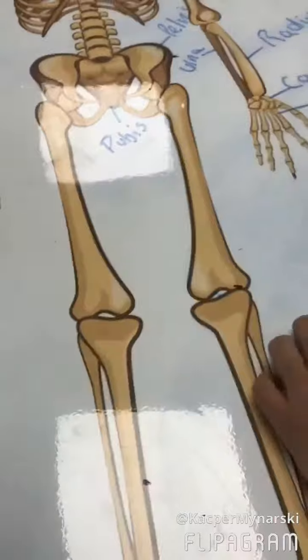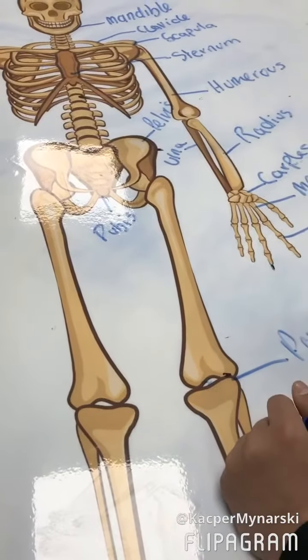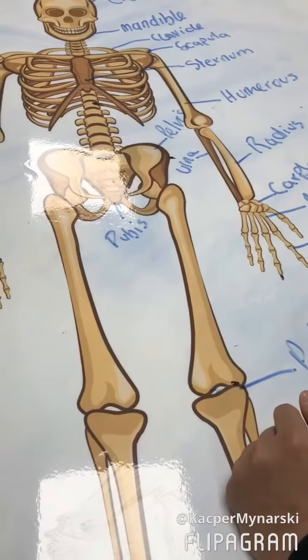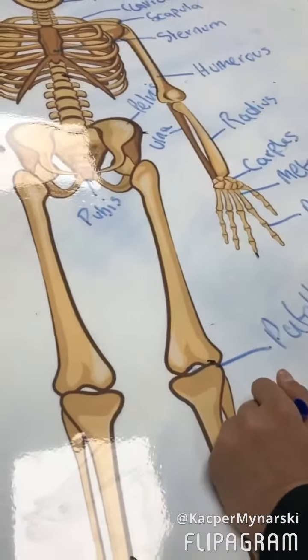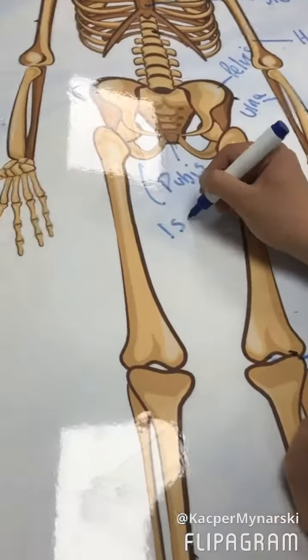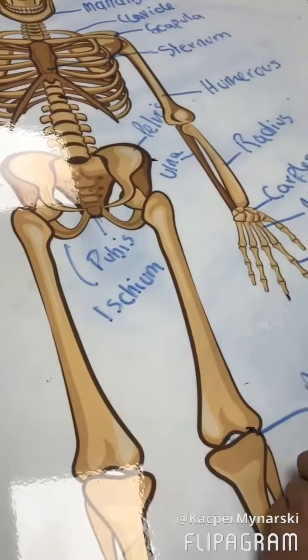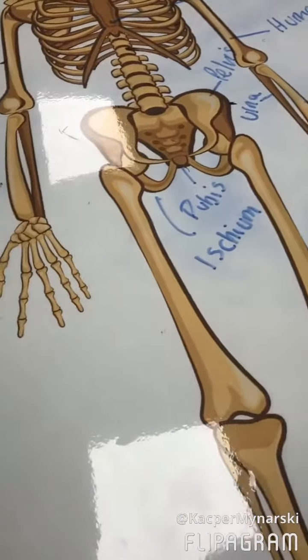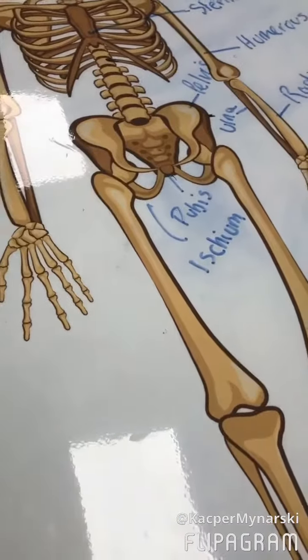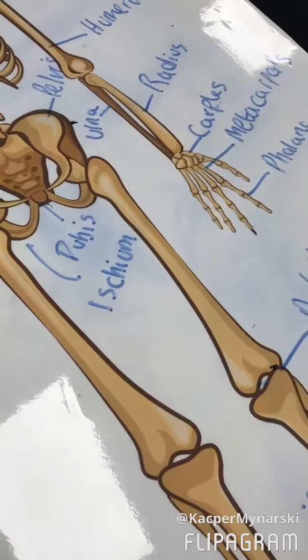This is your patella. This is your ischium. This is your tibia, and this is your fibula.